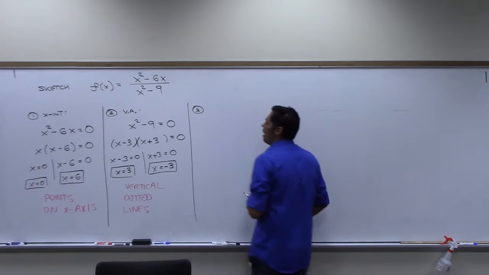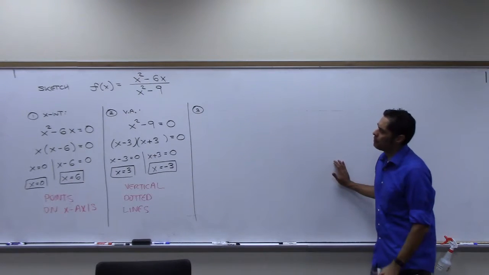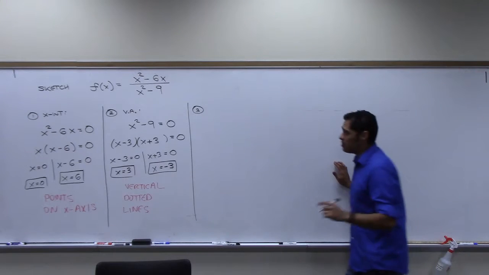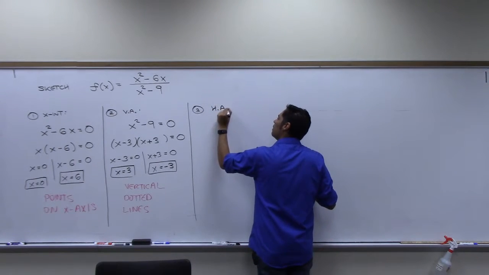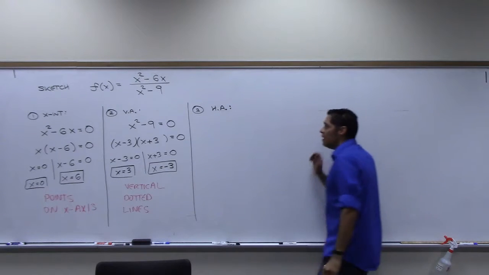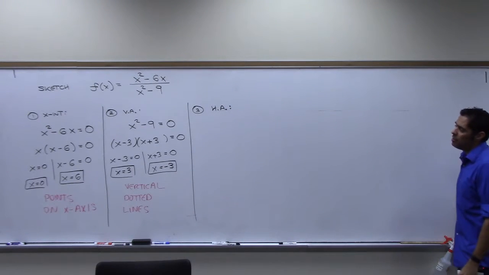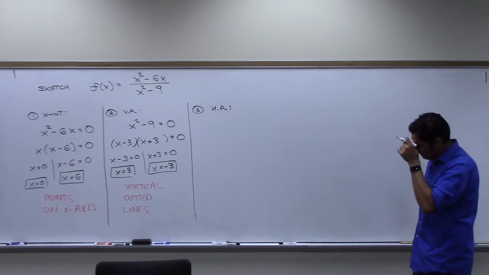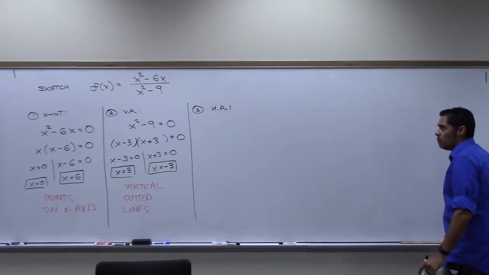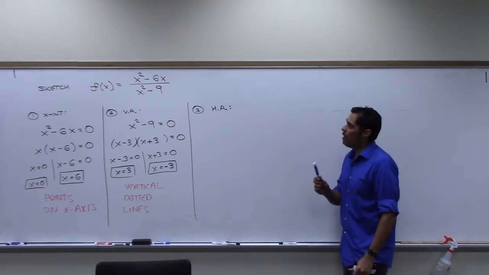Now step 3, which I said is the most confusing. We are trying to find in this step what? The horizontal asymptotes. I'm going to write H.A. for horizontal asymptotes. What do we do to find the horizontal asymptotes? Leading coefficient? Okay, why are you doing leading coefficient?